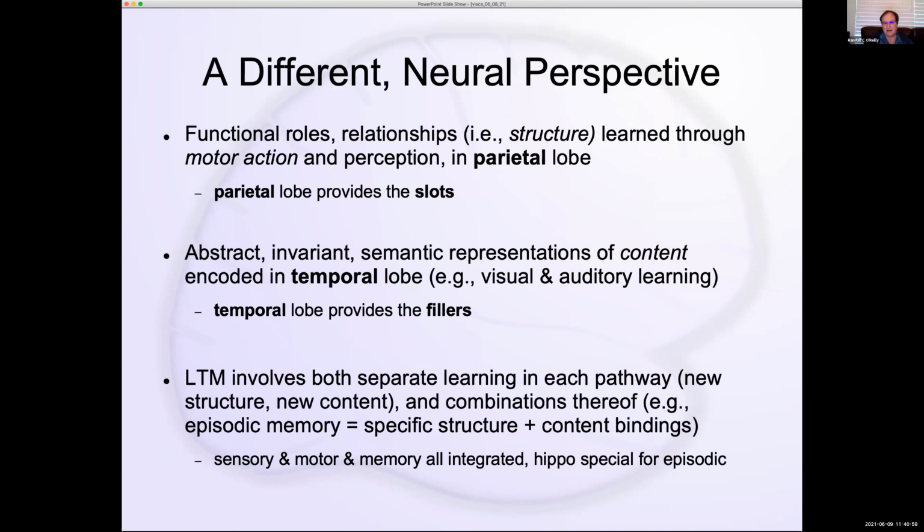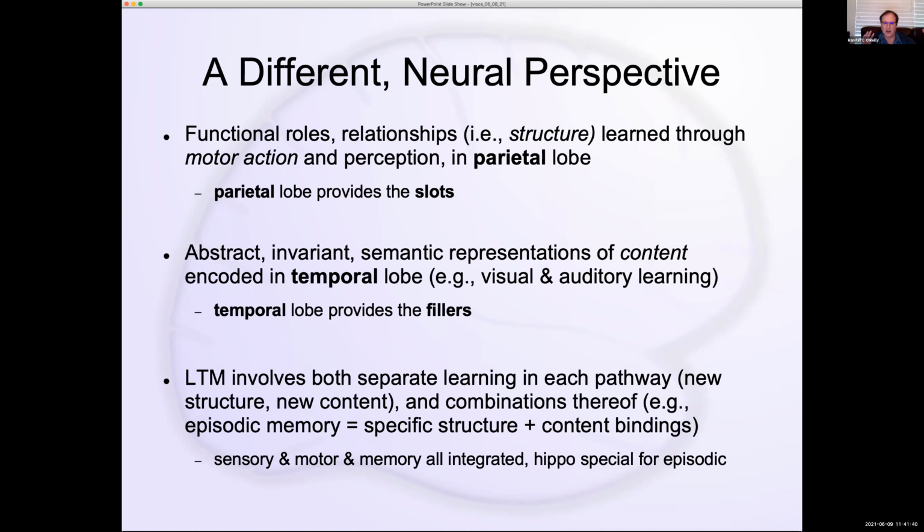And this is the idea that we have different entire lobes of the brain doing different parts of this problem, and that there aren't perhaps atomic elements of symbols, of chunks, so to speak, but rather you have the parietal lobe primarily playing the role of learning about relations among objects and things in the world, okay? And then the temporal lobe is actually encoding the content, the specific details of these particular items that you happen to be processing.